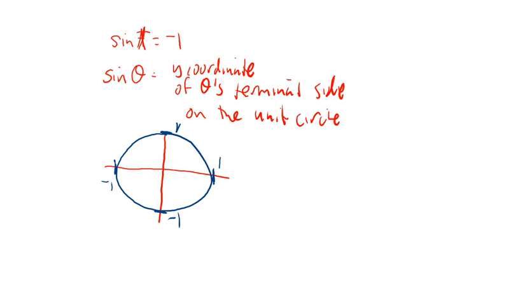So there's really only one place on the unit circle where y equals -1, and it's at the bottom. I believe it said to give all solutions between 0 and 2 pi. So that means this angle t is 3 pi over 2. If we were in degrees, we'd say 270 degrees.